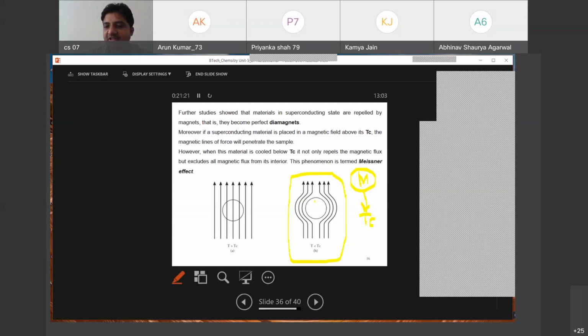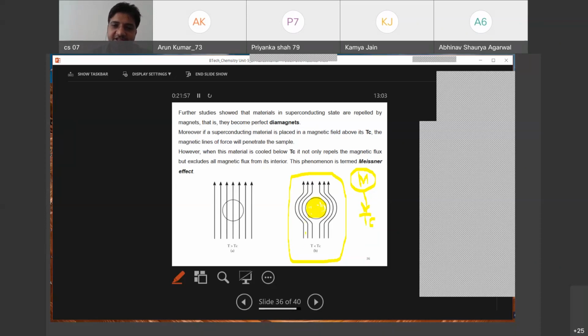In the center, the circle represents your material which is present in its superconducting state, meaning you are keeping this material below its critical temperature. If you keep this material in a magnetic field in this situation, the magnetic lines will not penetrate your material, because this material is present here in its superconducting state, so it will repel the magnetic field.